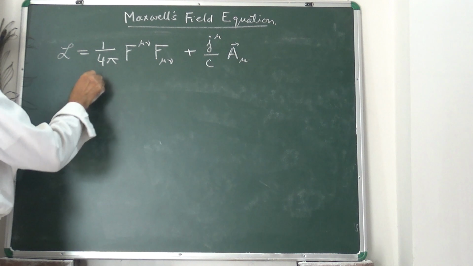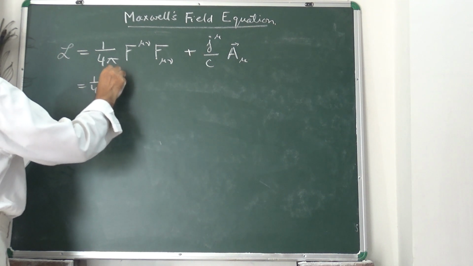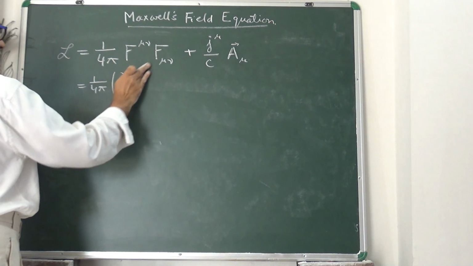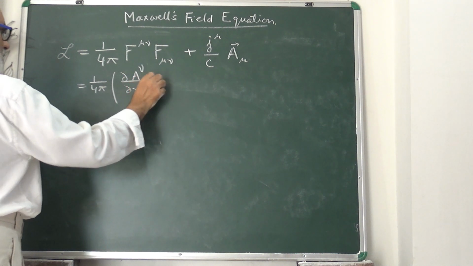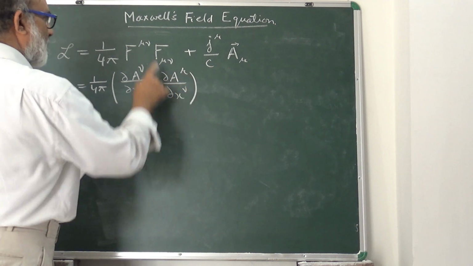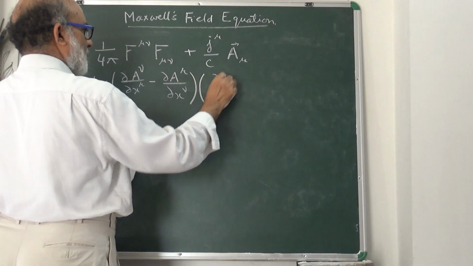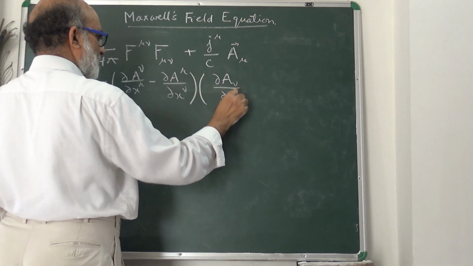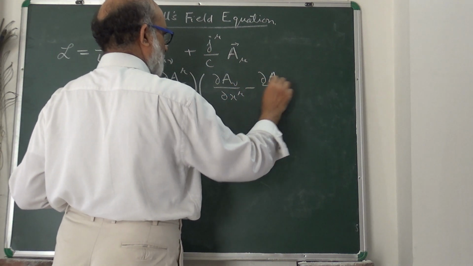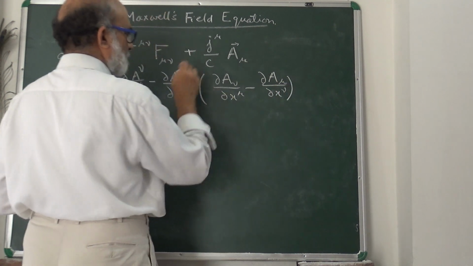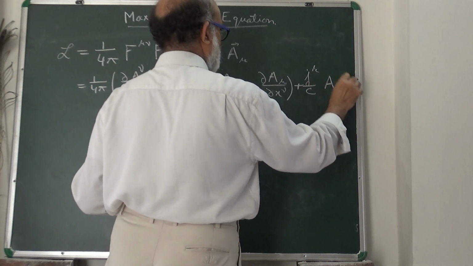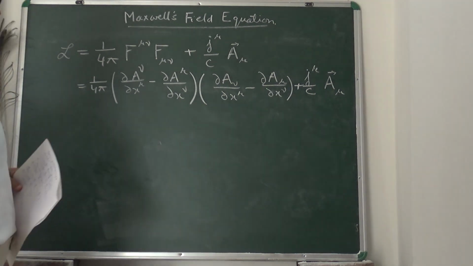Here F mu nu means delta A nu by delta x mu minus delta A mu by delta x nu. So this is our Lagrangian.